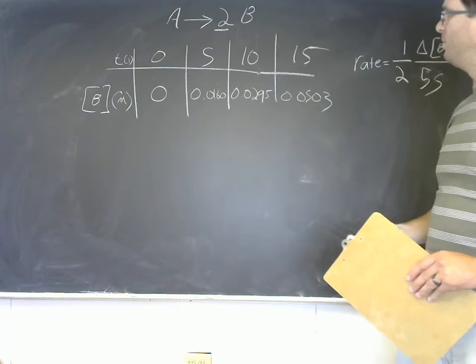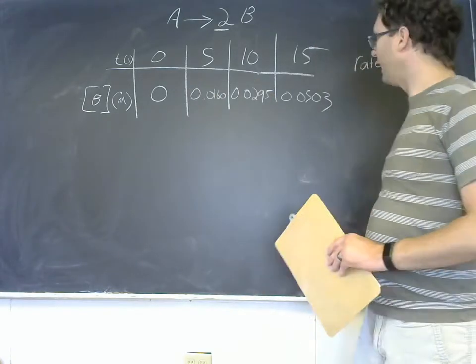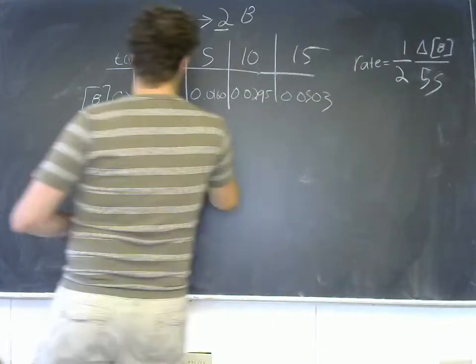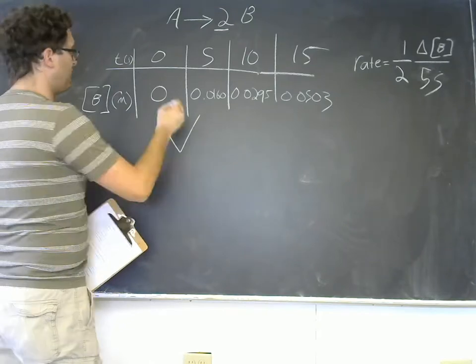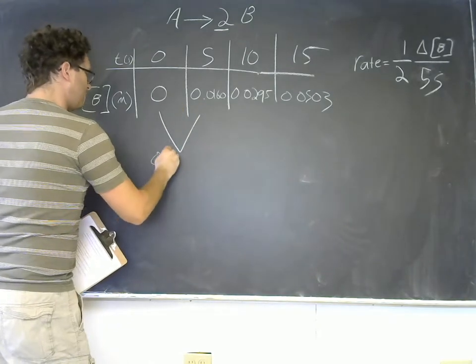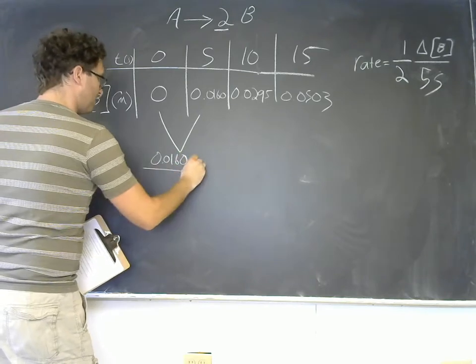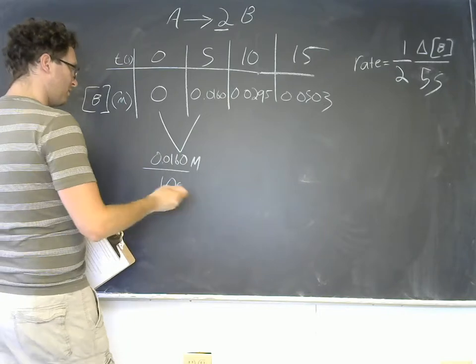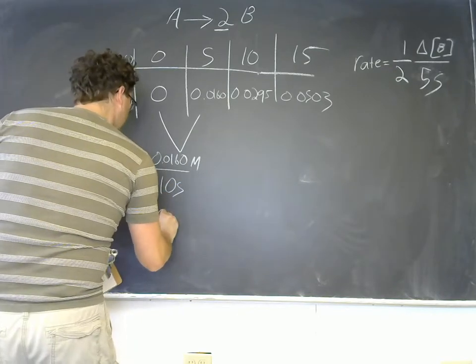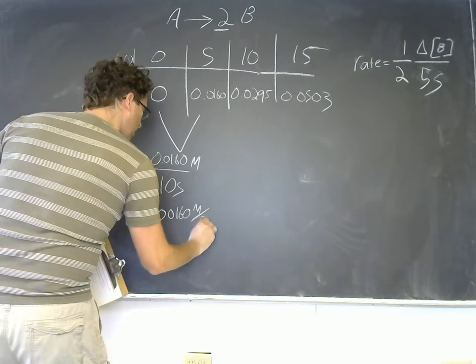It makes sense to choose the most narrow interval that we can. And so let's figure out the rate for this interval. Well, that's going to be 0.0160 molar divided by 10 seconds. So that's going to be 0.00160 molar per second.